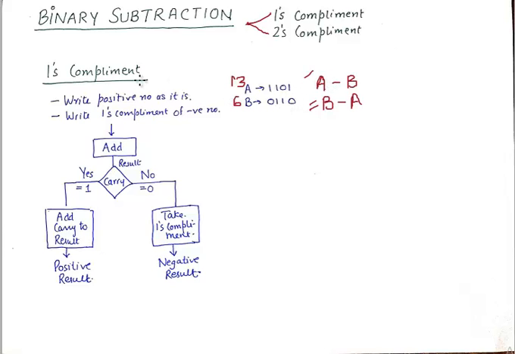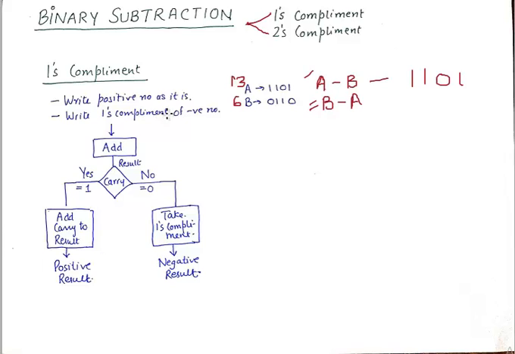If you choose 1's complement as your method of binary subtraction, what is the flow chart that you need to follow? In this particular case, A is our positive number and B is our negative number. So you write the positive number as it is. I'll take up case 1. We write the positive number 1 1 0 1 as it is. So step number 1 is complete.